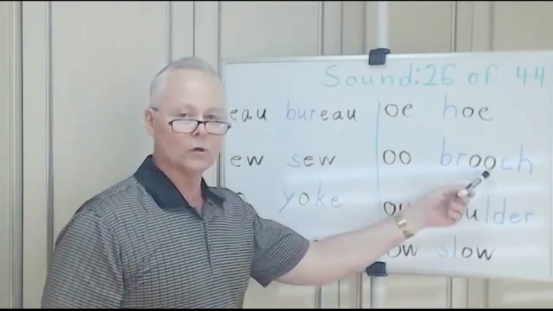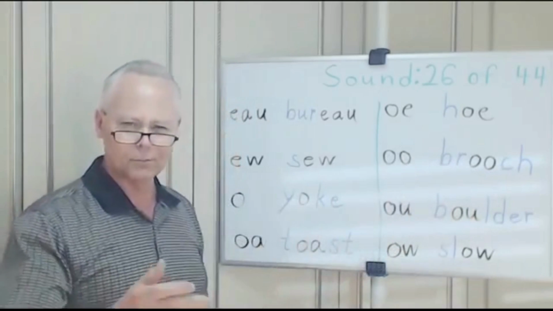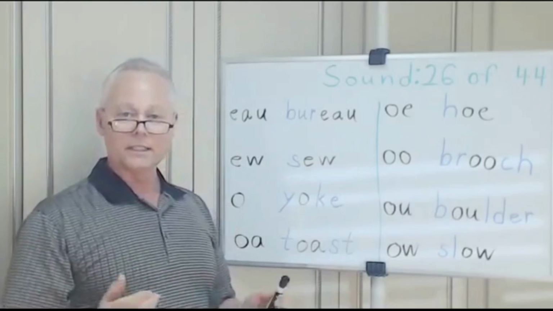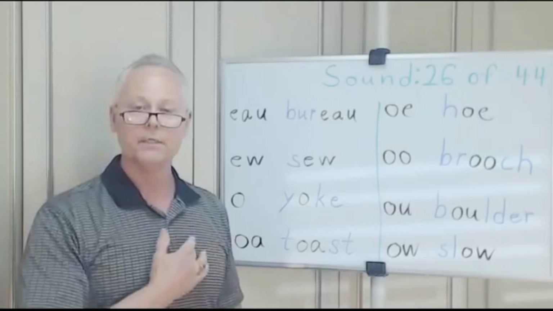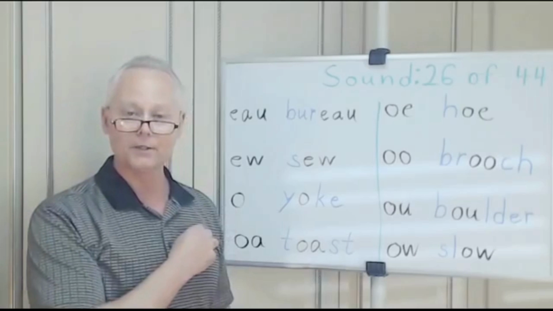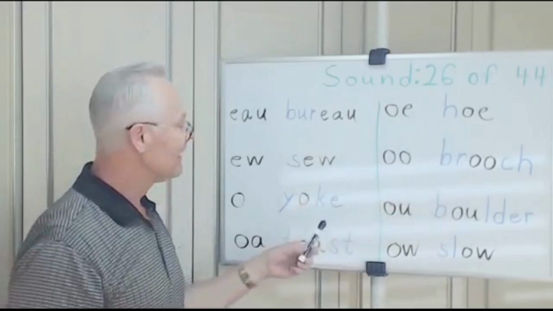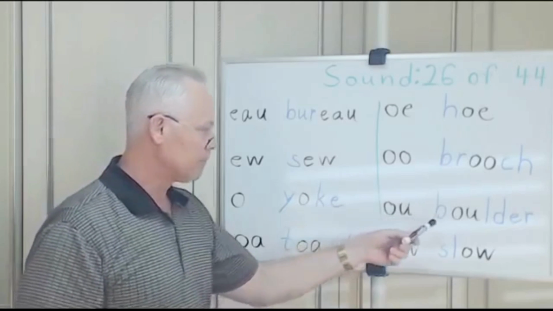How about a brooch? B-R-O-O-C-H, brooch. You know what a brooch is? Have you ever seen a lady with a decorative piece of jewelry on her jacket or on some top that she's wearing? It's called a brooch, and that's how it's spelled. O-U.